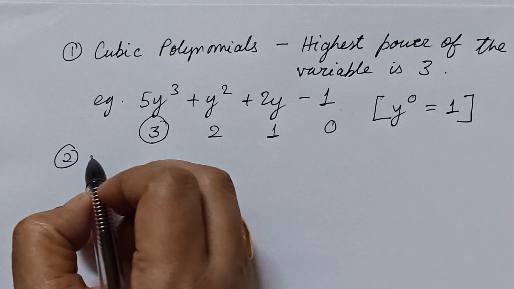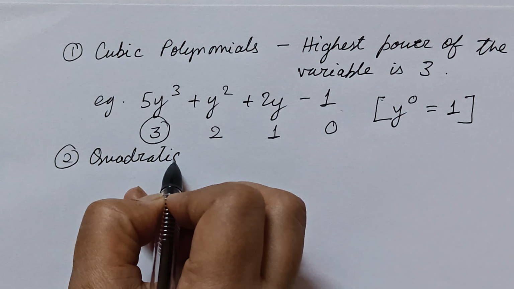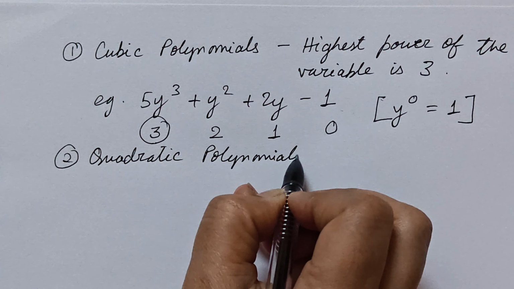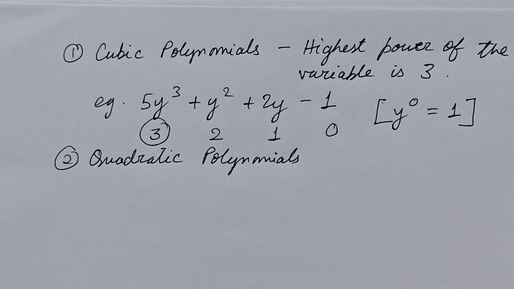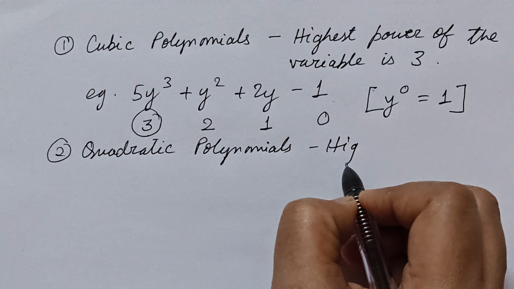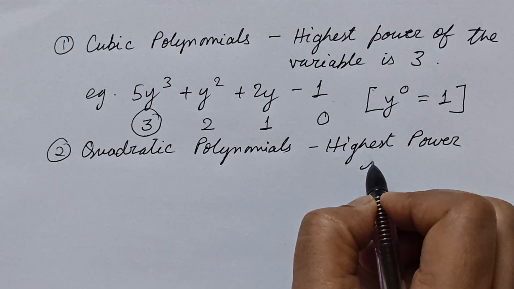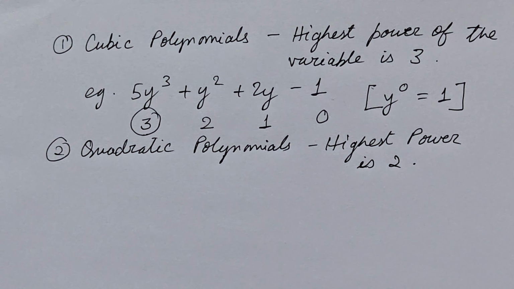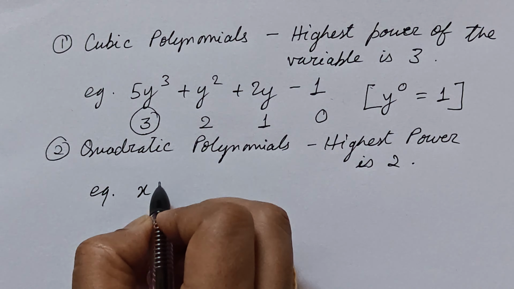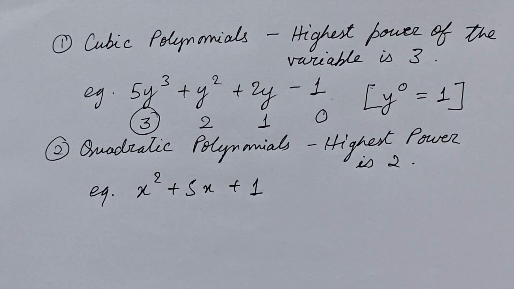Next we'll come to quadratic polynomials. For a quadratic polynomial, the highest power is 2, like x square plus 5x plus 1.